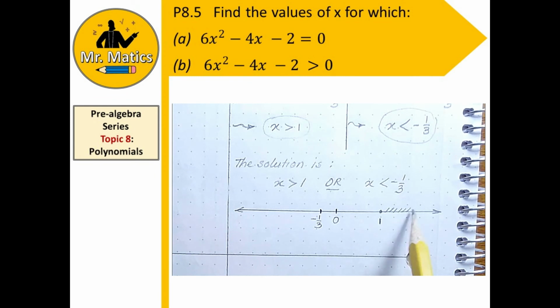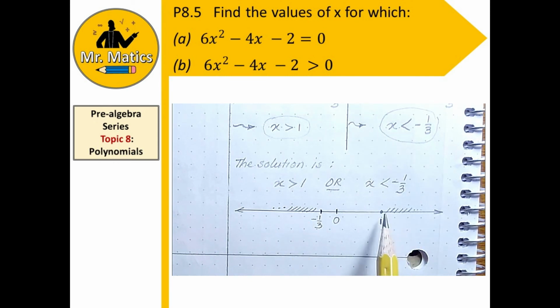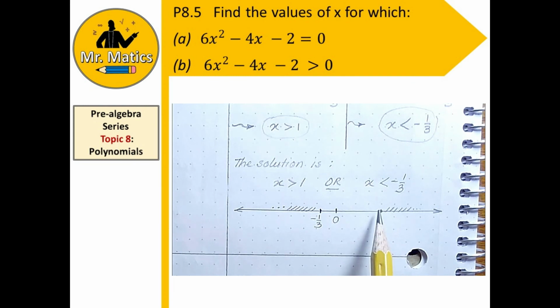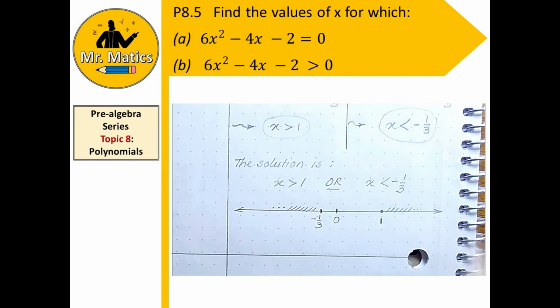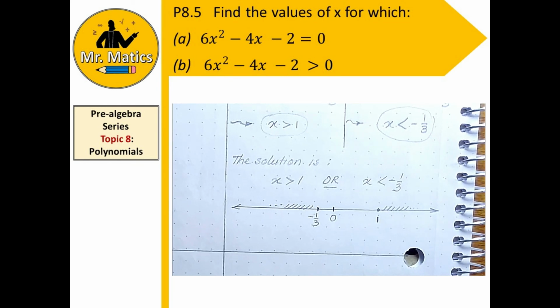Let's hash it out, up to infinity. And for less than minus 1/3, it will be on this side. But they are not including that minus 1/3 point and the point which is 1. They're not including those. So it is just beyond 1 and beyond minus 1/3 on the other side.